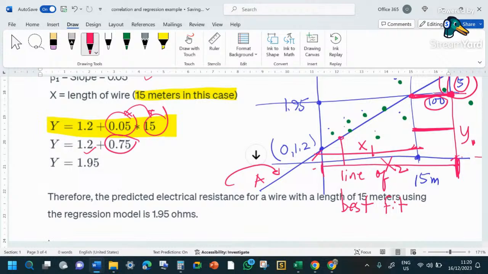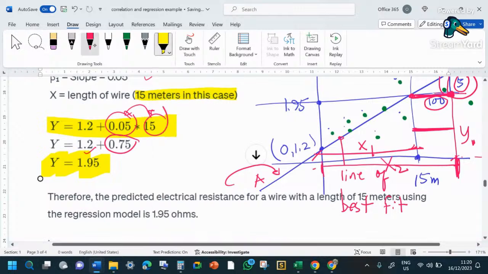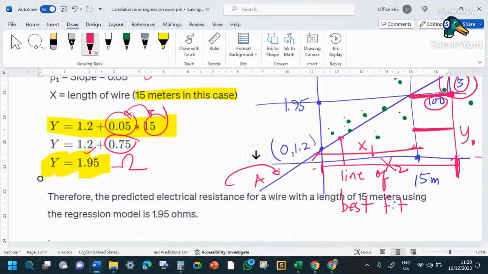Solving 1.2 and 0.75, you get a value of y which is 1.95. So the predicted resistance of the wire with a length of 15 meters will be 1.95 ohms. And that is what simple linear regression and correlation is.